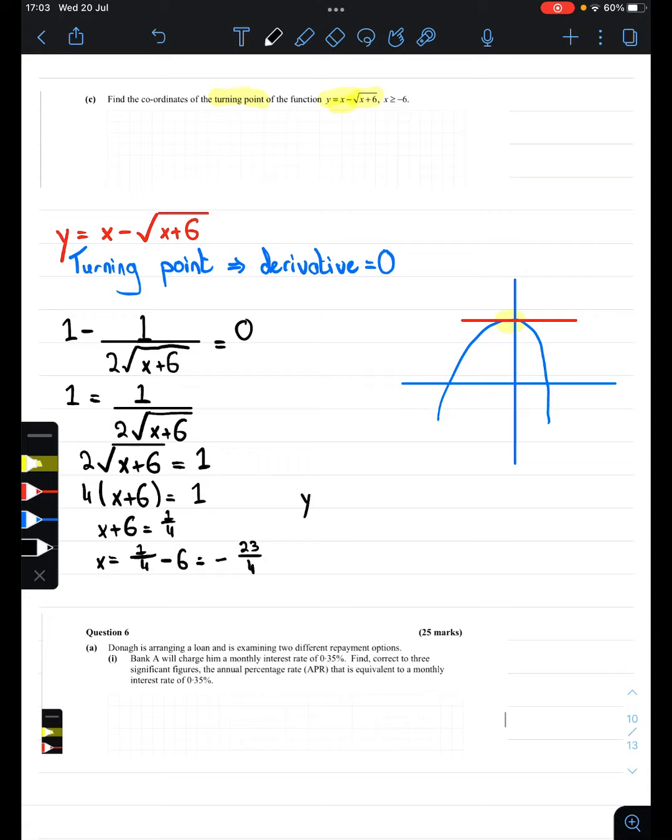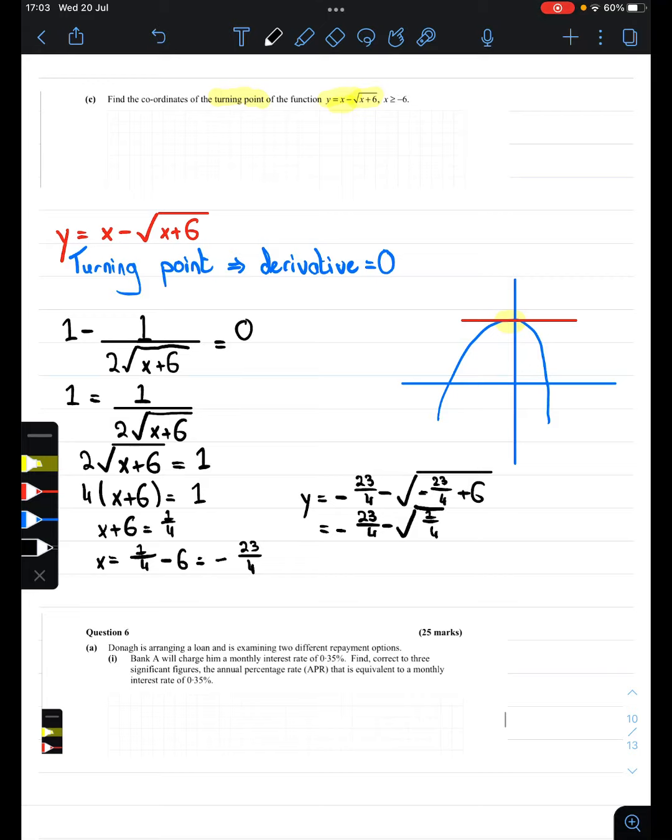So we have y is equal to minus 23 over 4 minus the square root of minus 23 over 4 plus 6. And so we get minus 23 over 4 minus the square root, and 6 minus 23 over 4 is just 1/4.